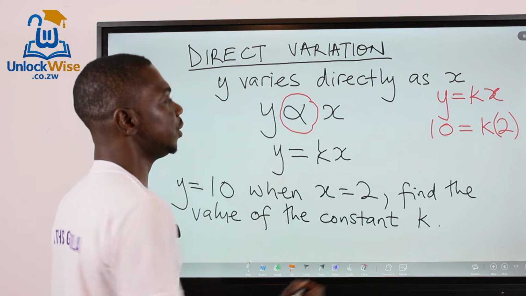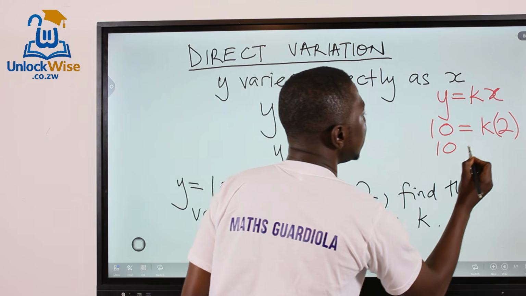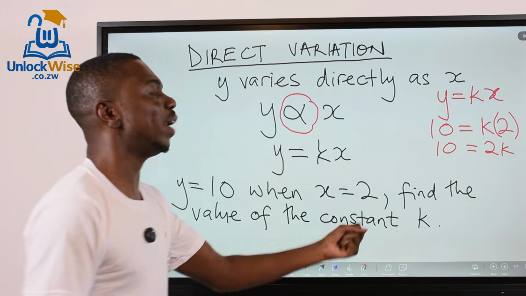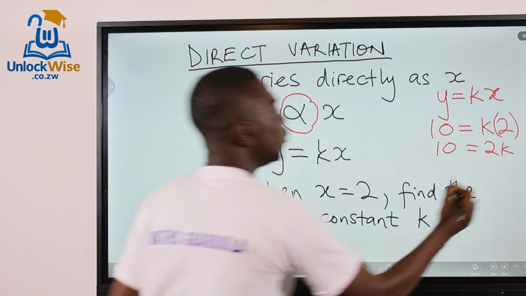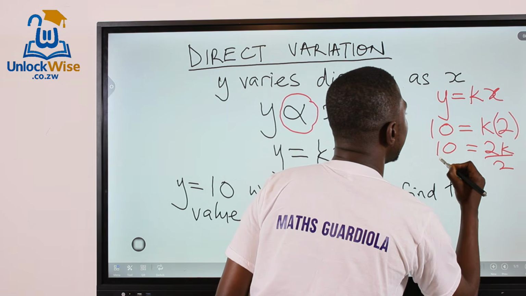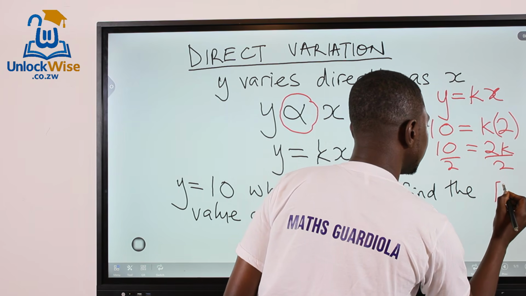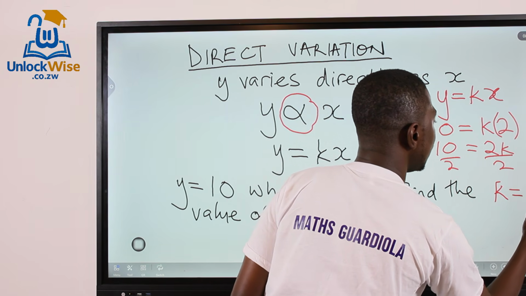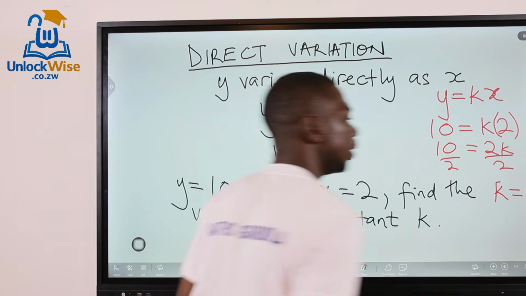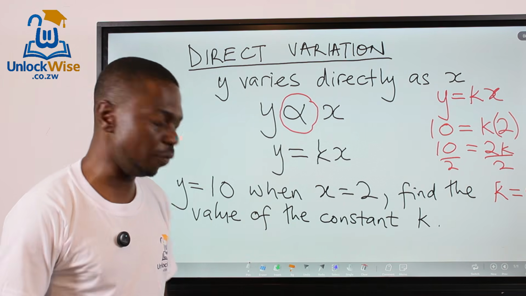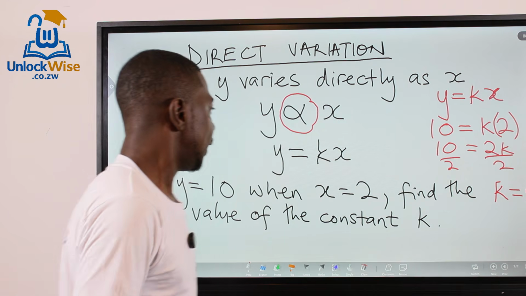Simplifying, you have 10 is equal to 2k, and then we divide both sides by 2 and find the value of k. Now k is equal to 5. This is how we find the value of k.